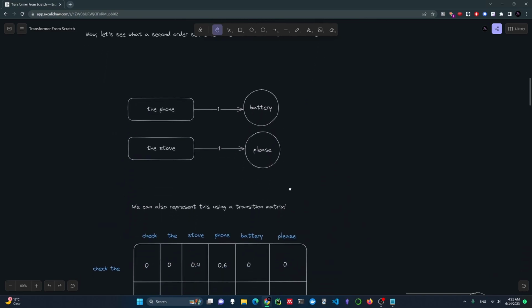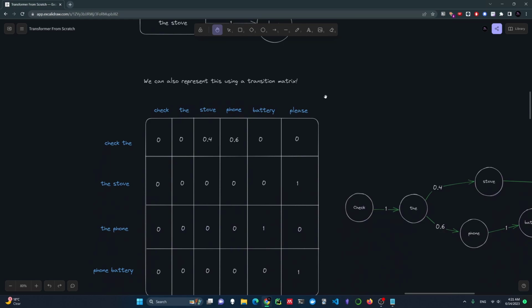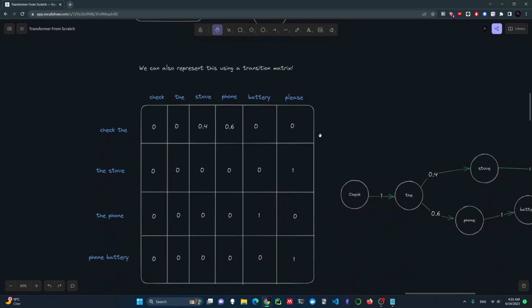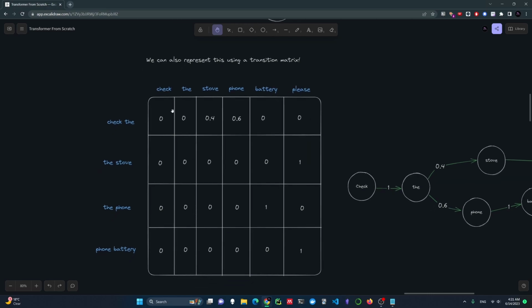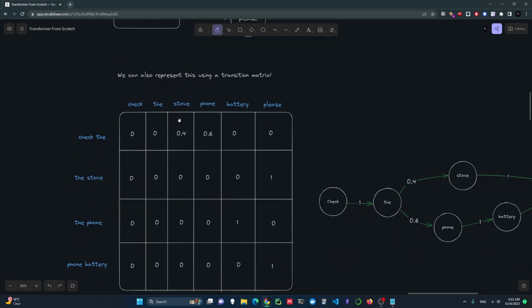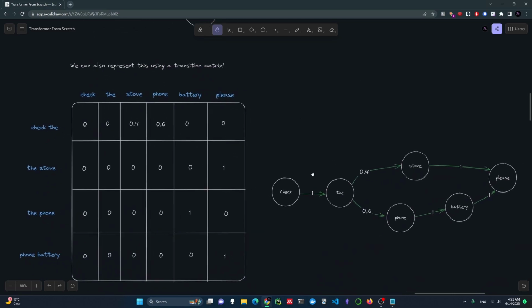Okay. Now we can also represent this using a transition matrix. We talked about transition matrices for first order Markov chains already. But basically how it works is that these are the probabilities of the next words, and we have two words, check the. These are basically based on our sentence and our Markov chain.